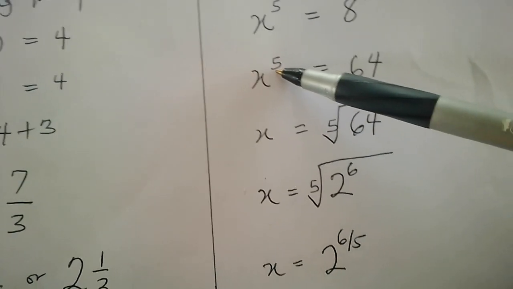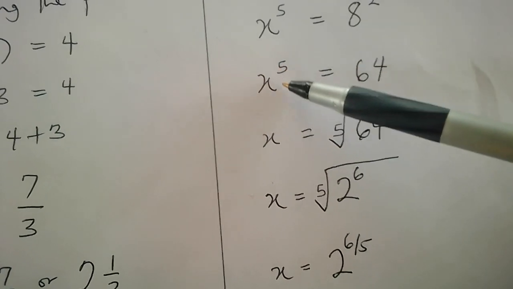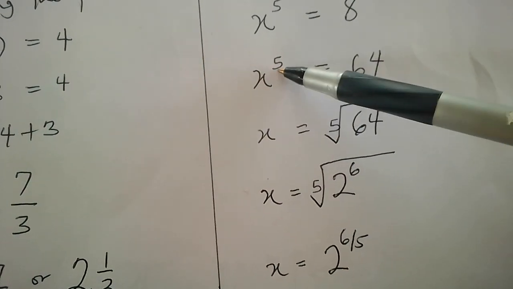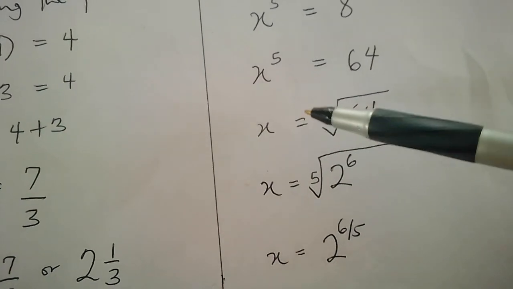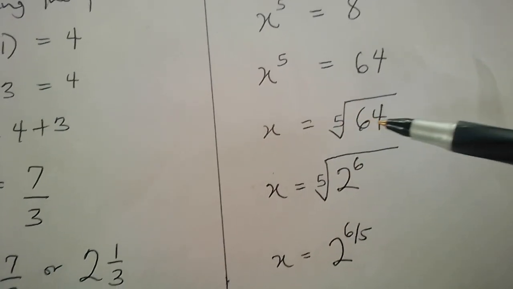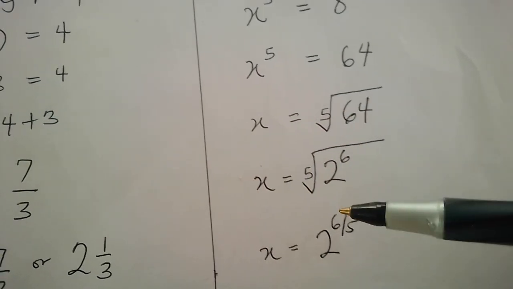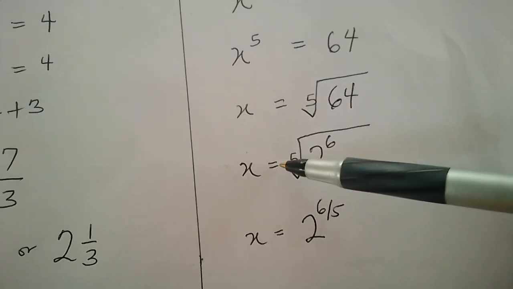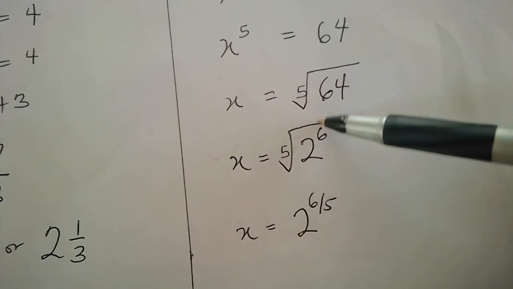Now, this 5, x raised to power 5 is equal to 64. Whenever we want to make this cross the equality sign, it will now become a root. So x is equal to the fifth root of 64. So what is the fifth root of 64? This 64 is the same thing as 2 raised to power 6.